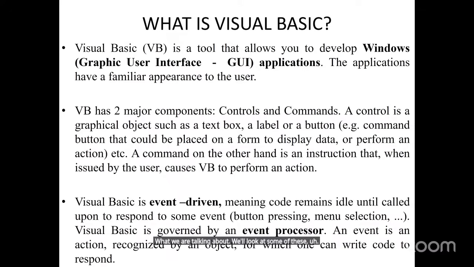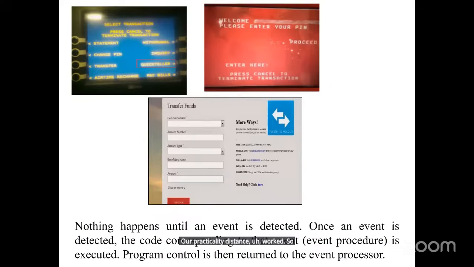We'll look at some of these. I think in one of the lectures we will look at how these things work practically. So this is a typical interface, the user's interface. All of this can be generated in terms of the event-driven model.